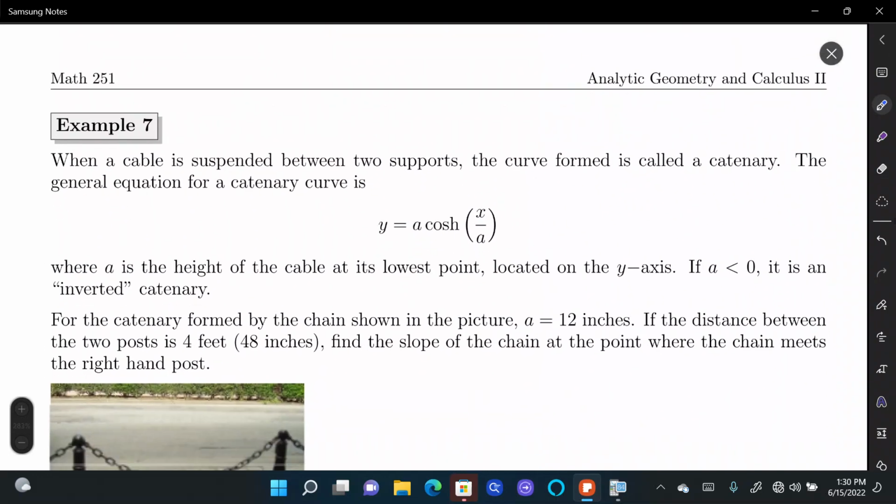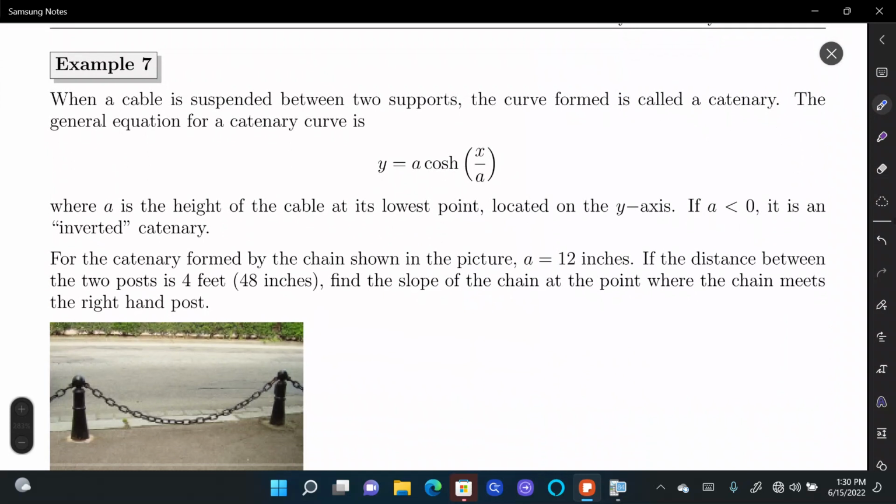Now an application problem. If we look at the graphs of these hyperbolic functions, they give rise to these kinds of curves. In a way they look like parabolas, really wide parabolas, if you compare the shapes.